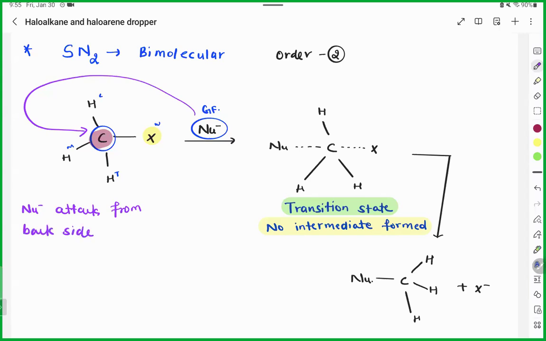Second, when this girlfriend is making a bond with the husband, then the husband-wife bond will get weakened with time, since the nucleophile is making a bond. So there is formation of a bond between the carbon and nucleophile, while the carbon-halogen bond, the husband-wife bond, is getting weakened. This is the transition state. Everything happens simultaneously.